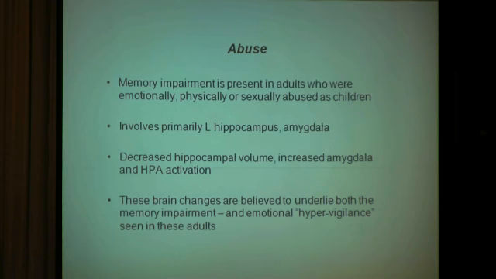So it's your perfectly normal-seeming individual who 50 years ago suffered some kind of abuse. It turns out that when MRIs were done on these individuals, they could show that the left hippocampus was decreased in volume, and that the amygdala, if you remember, is involved in emotional memory, is hyperactivated in people who were abused as children, even if they haven't been abused for the last 50, 60, 70 years.